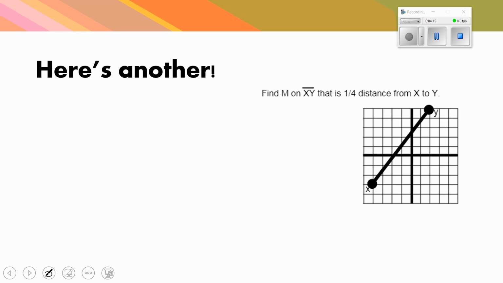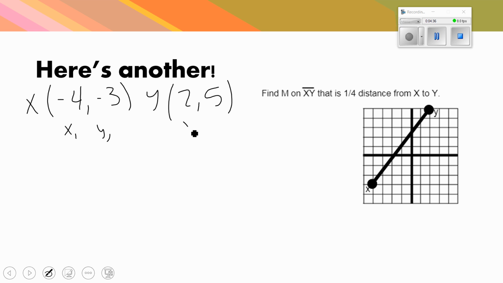Find m on xy, that is 1/4 the distance from x to y. Well, x is at, let's see, -4, -3. So that's x1 and y1. Y is at 2, 5. So that's x2 and y2.